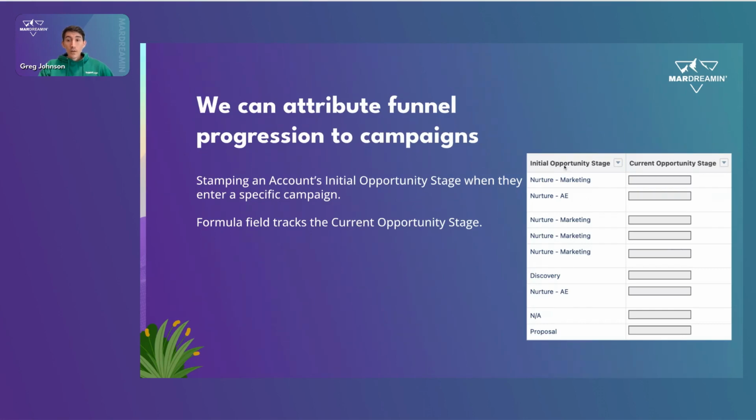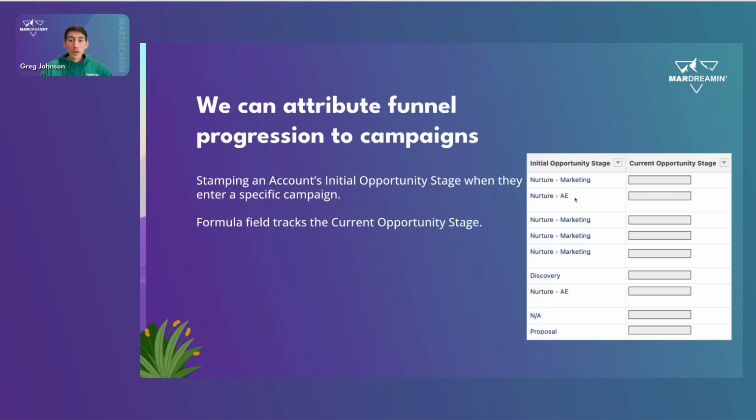And you see here, we're stamping that initial opportunity stage. And this current opportunity stage that we see is a formula field. So that's going to update in real time, and it allows us to go back and look at any campaign in our history and see where was your account when you entered this campaign.